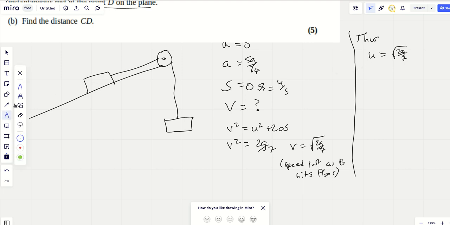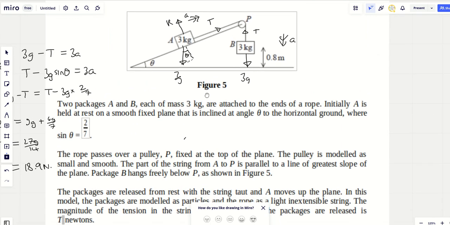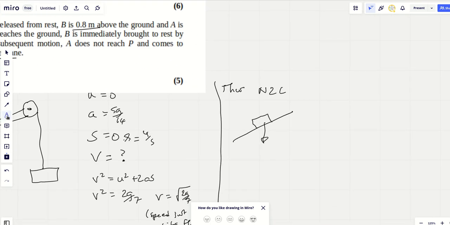I can do that because, before I do another SUVAT, I can use Newton's second law. Draw the diagram out again. I've got no friction, but I have got weight. I can't remember what the mass of the object is. 3g. You've only got the force of 3g sine theta acting down the slope.